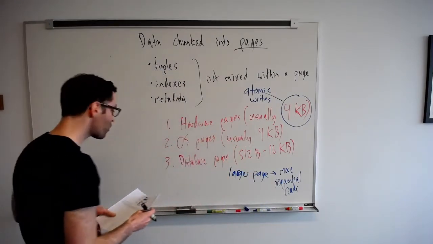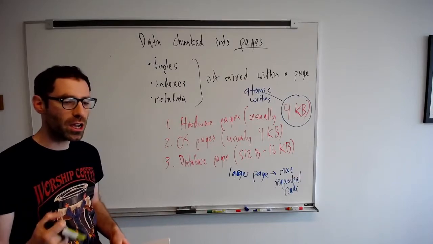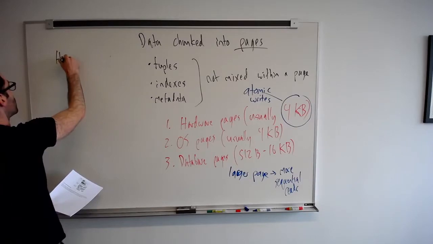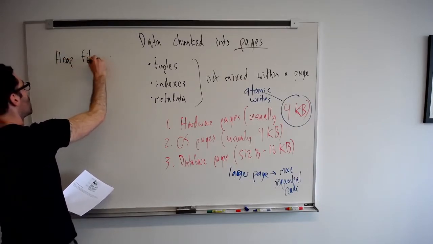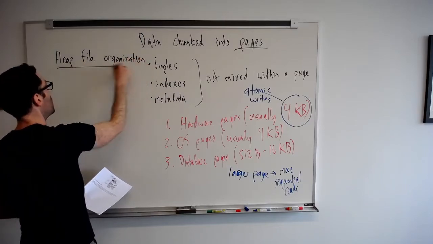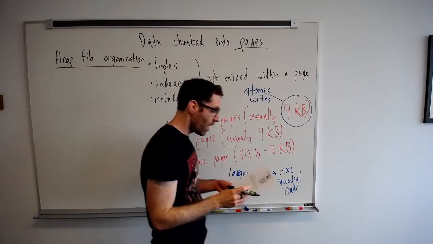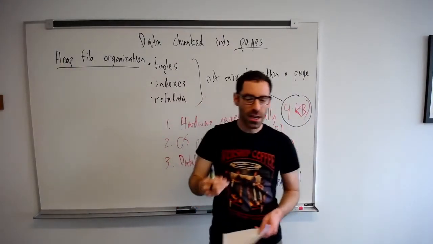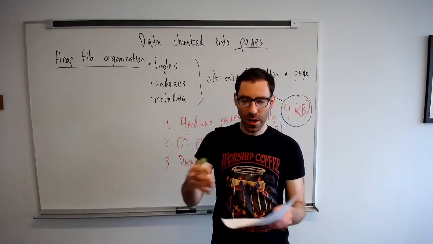So the most common way that this is done is with what's called heap file organization, and this word heap here does not mean a binary heap, a tree structure.